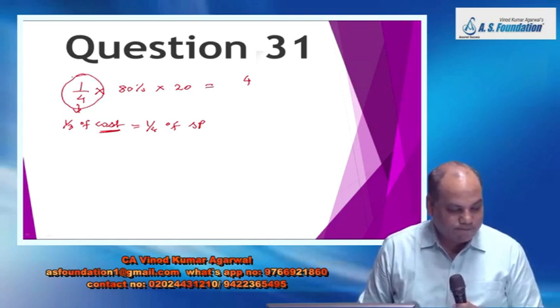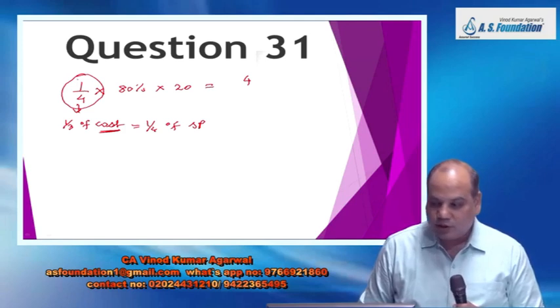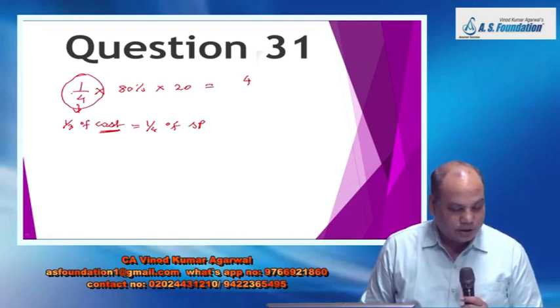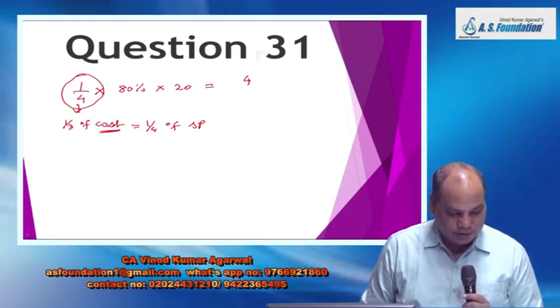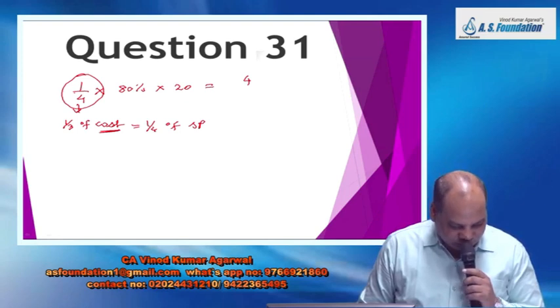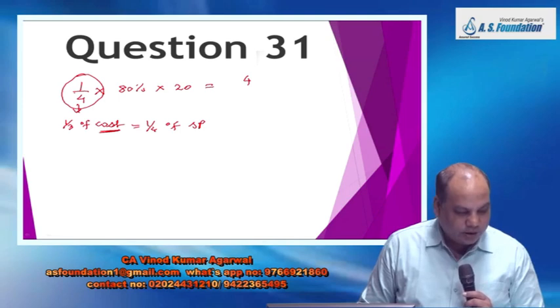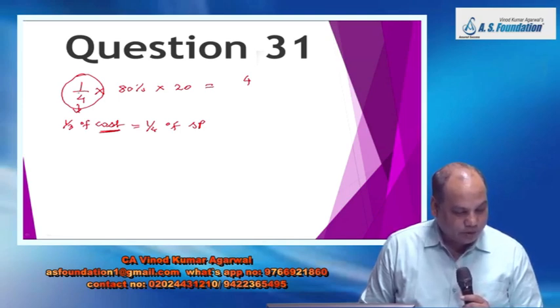Next line, point number 2. Goodwill has been subject to an impairment review at the end of each year since acquisition. And the review at the end of this year revealed another impairment of 5.